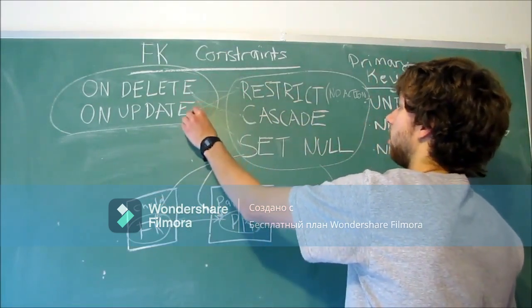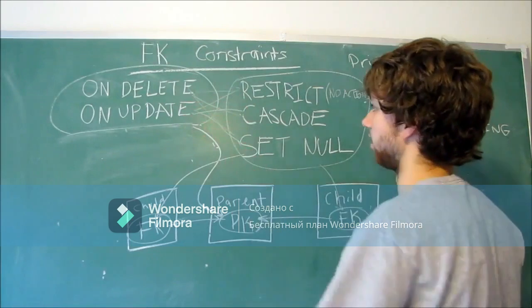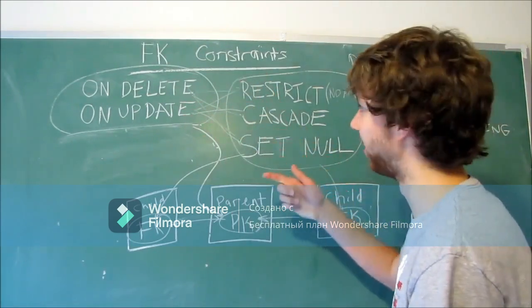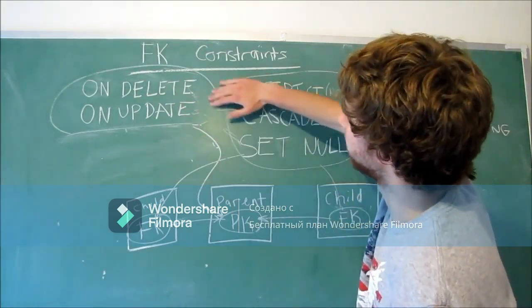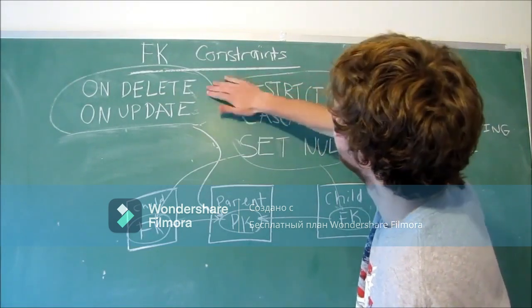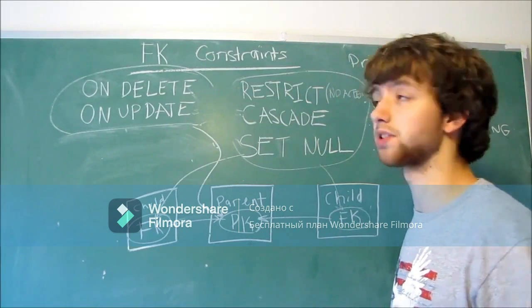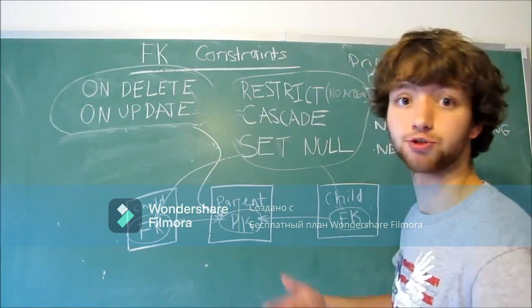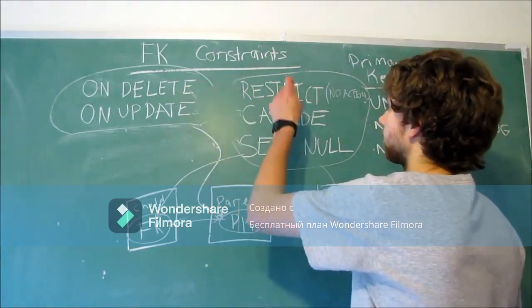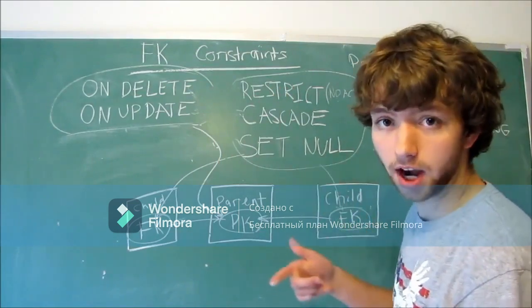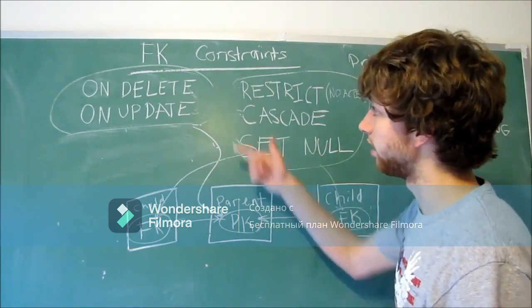But let's say we're working with delete right now, and we want to use restrict. Within our SQL statement, we could say on delete restrict, and that is going to give us an error whenever the parent is deleted.